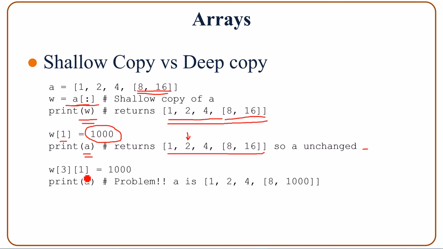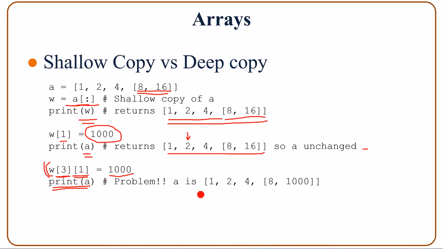Okay, now next, let's change the element of the subarray standing at the index of 3. This is not really the first element, but the index of 1, and this is the second element more exactly. And we change the value of it to 1000. We change it in w, and we print a to see if a was changed or not.